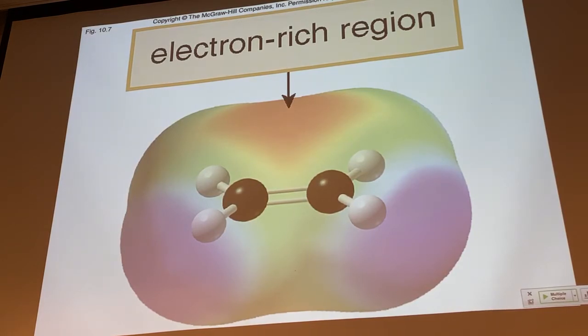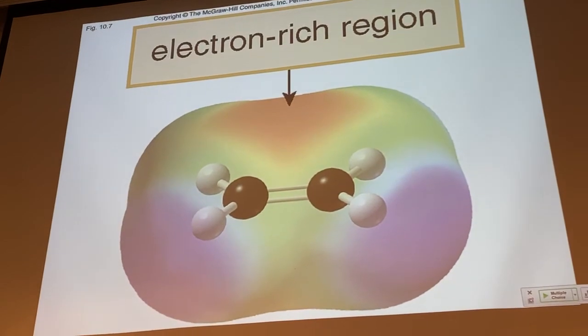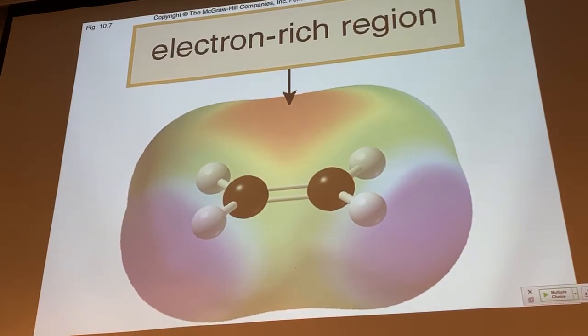They're more available, they're more reactive. And so we have high electron density in the region of the pi bond, which is going to be above the plane and below the plane of that alkene. So they've tilted this model a little bit on its side. So you can see the red patch that's above the plane, and there's going to be another red patch that you can't see in this diagram below the plane.